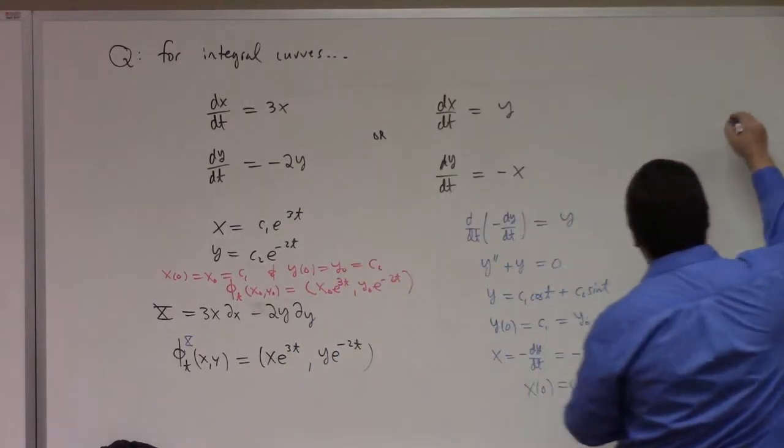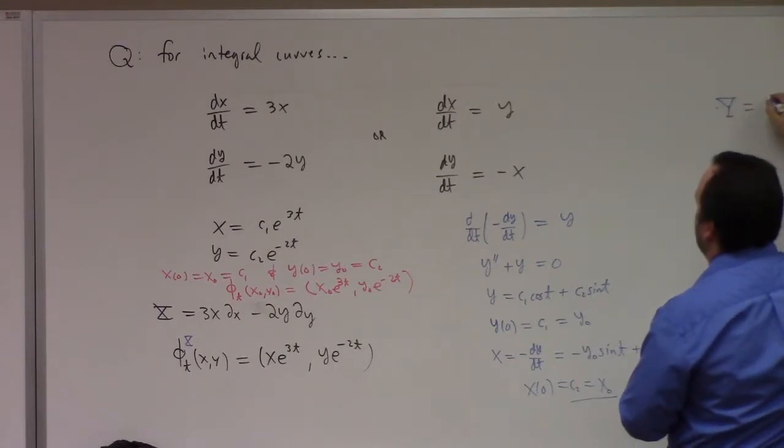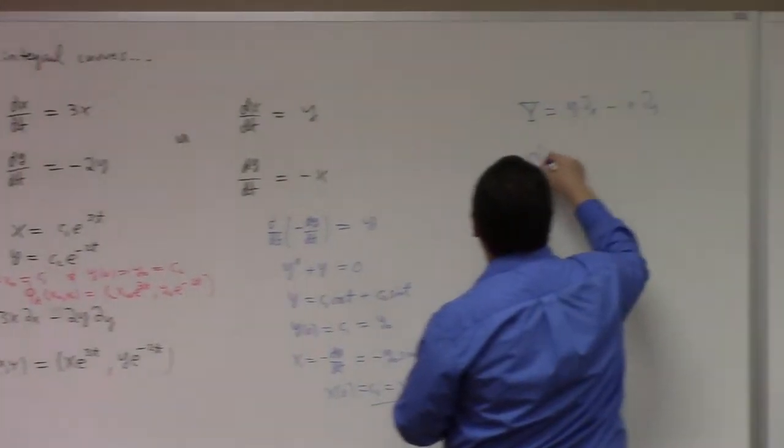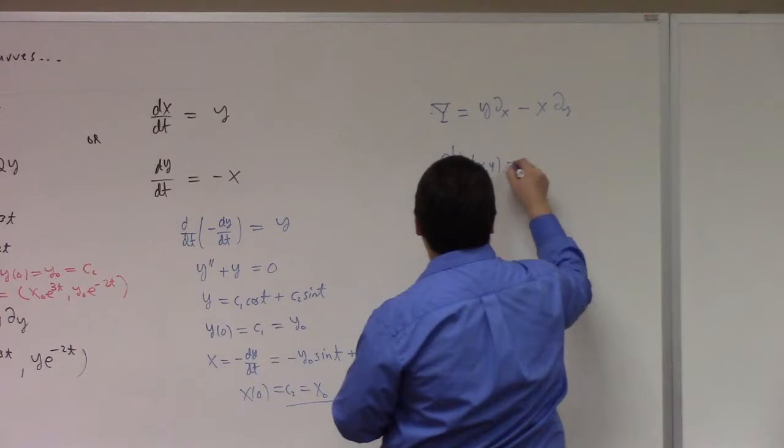And so you see that the flow, if we let X equal y partial x minus x partial y, then the flow at time t through the point x, y would just be what?